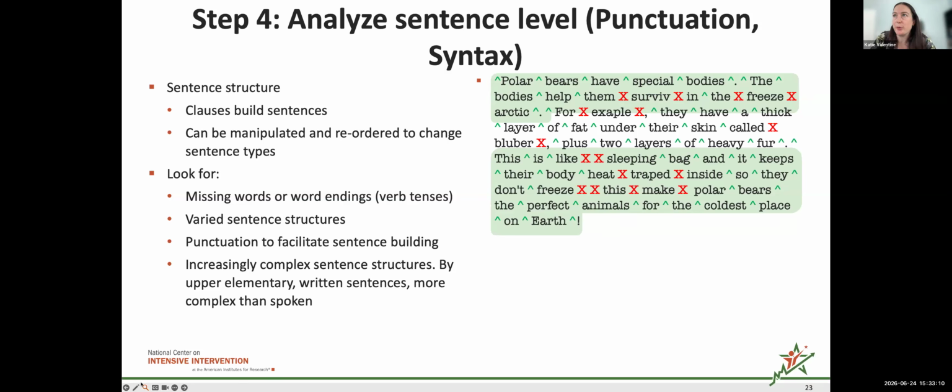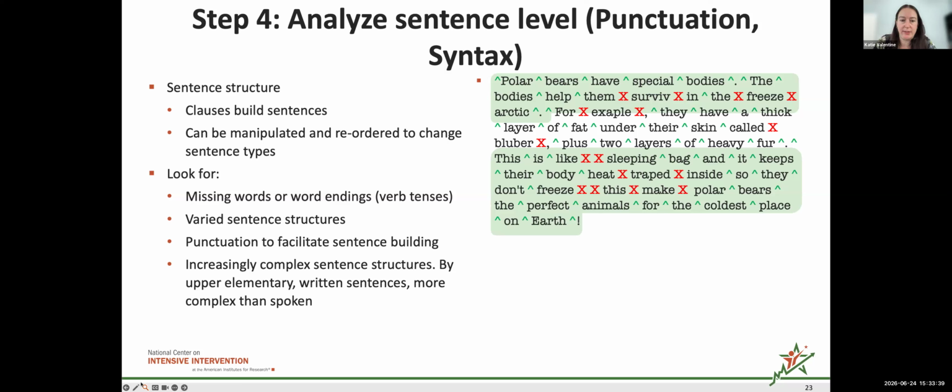In our example about polar bears, we're going to look at the word sequences again that are marked with those X's, those incorrect pieces, to clue us into where there might be some errors. A number of these were spelling errors in the example that we looked at, but we can certainly find some examples here. At the beginning, this is more related to sentence complexity. So, polar bears have special bodies.